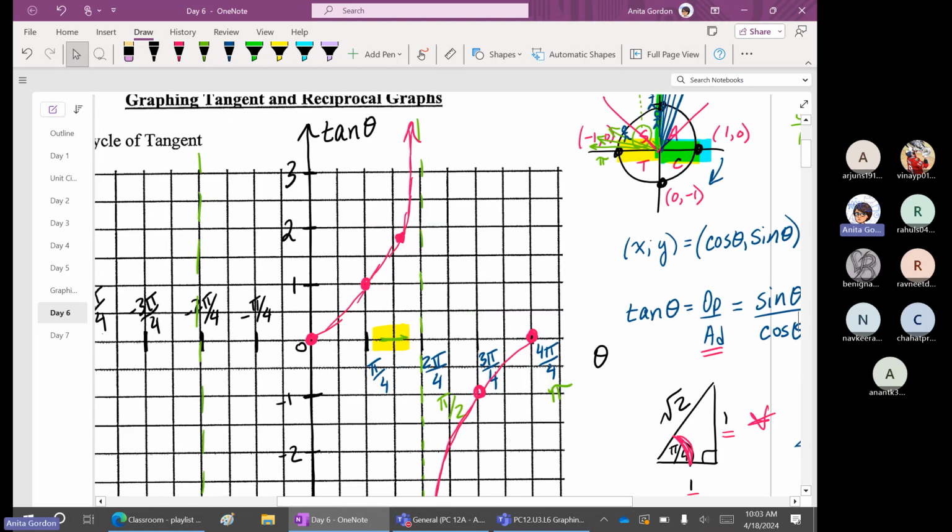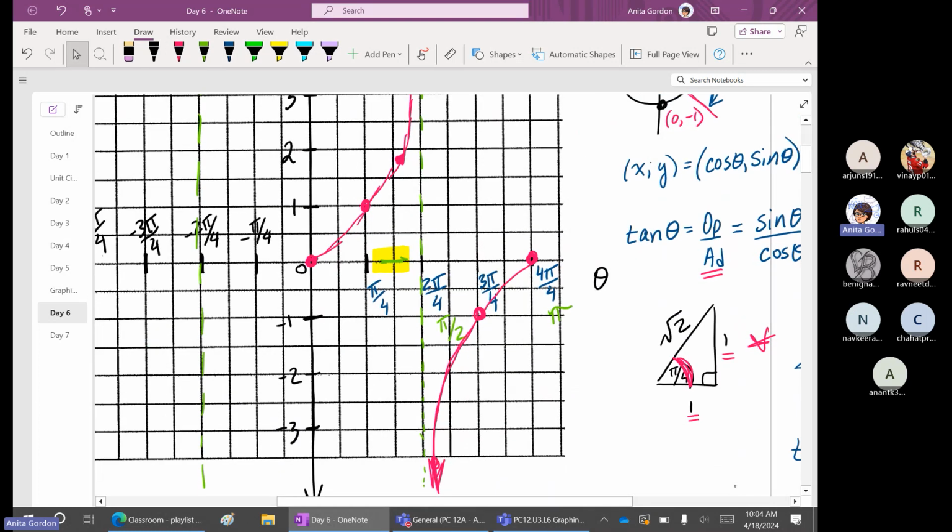Okay, let's go backwards. I know that at 0 plus 2 pi, I'm going to be 0. And I know that halfway between 0 and negative pi by 2, I'm going to have the value of 1, right? So halfway between 0 and the asymptote, I'm going to have the value of negative 1.